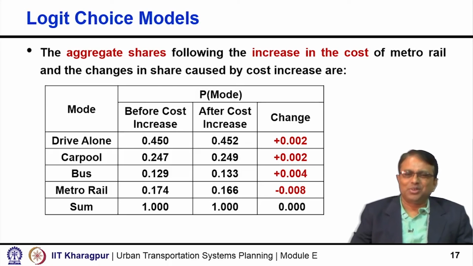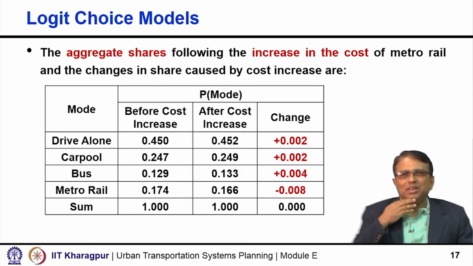So, that shows one possible way of reducing the undesirable effect of IIA is to make the utility equation more realistic, bring more pertinent variables into the utility equation and make the model even more realistic, right.